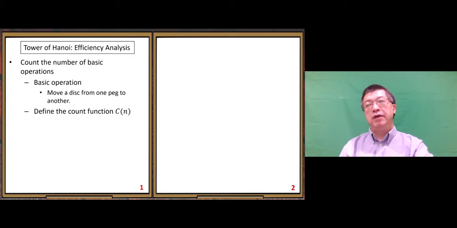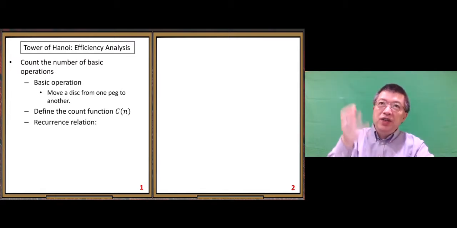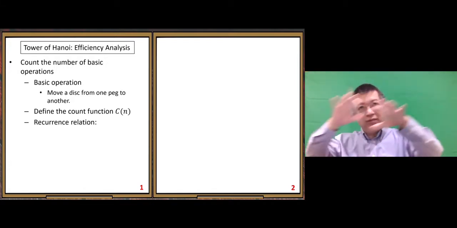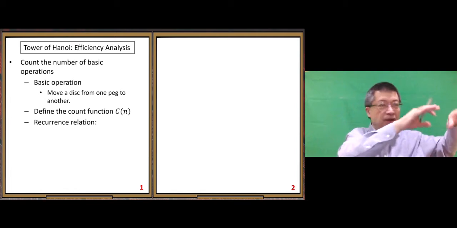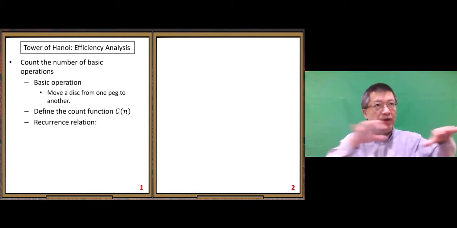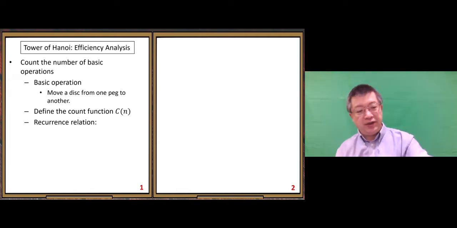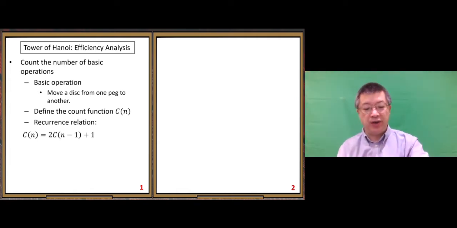And we can easily get the recurrence relation based on the moving details we made in the previous video, right?